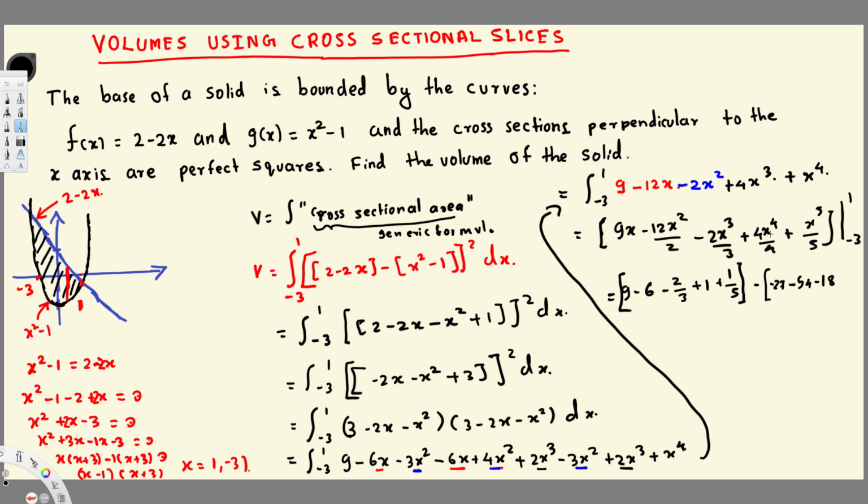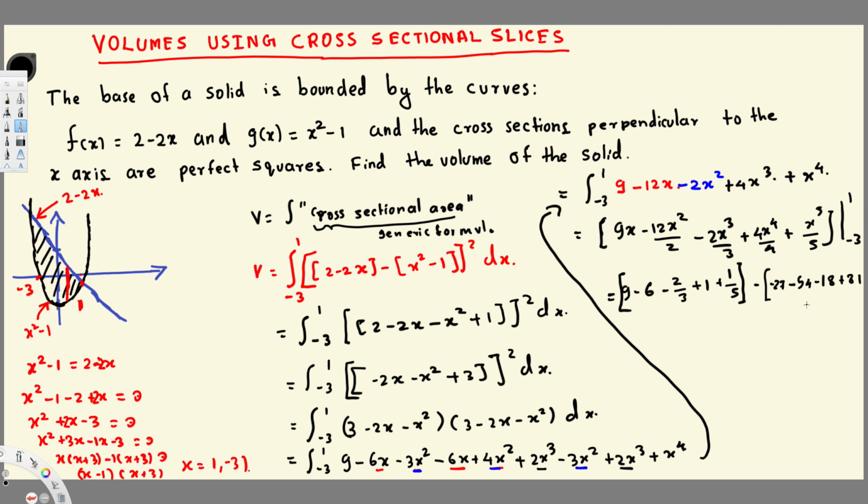And then we have x power 4. Negative 3 to the power 4 is equal to 81. 81 right here, and negative 3 power 5 is going to be what? Negative 81 times 3 is going to be 243, right?